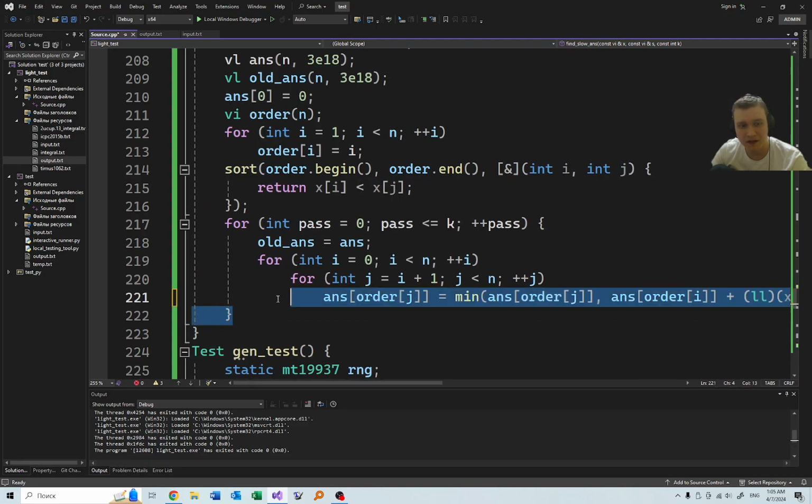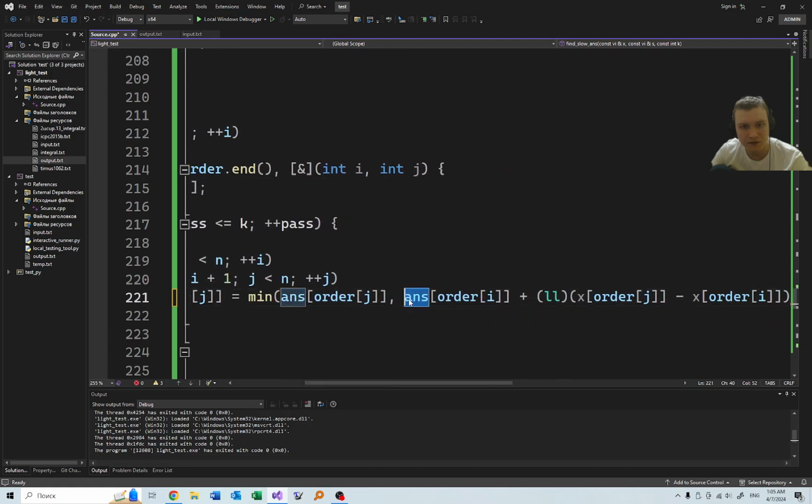And the same thing from, actually old ans, only old ans.